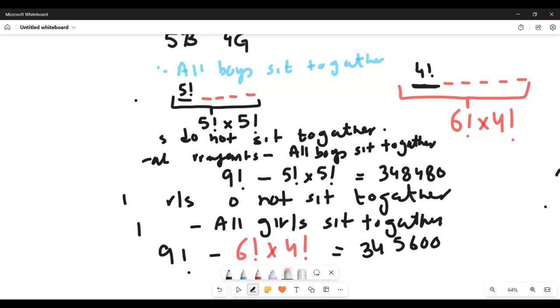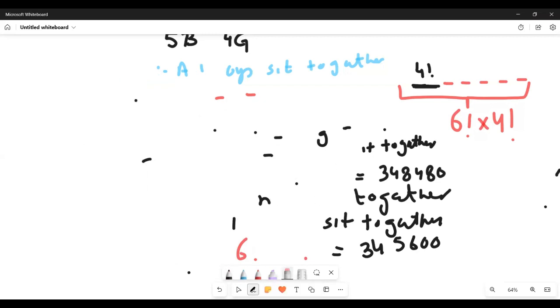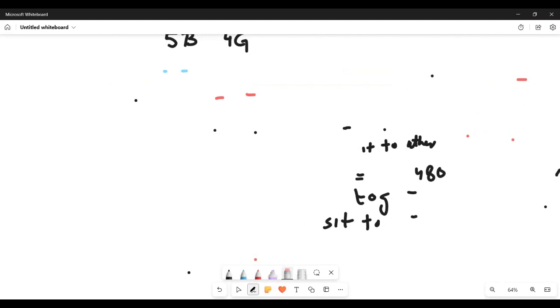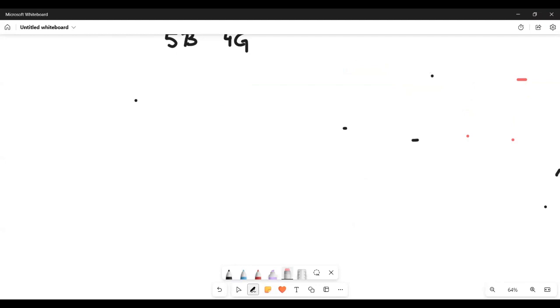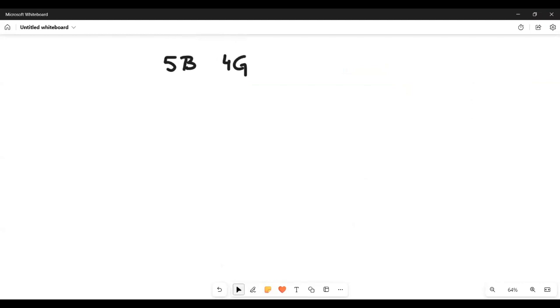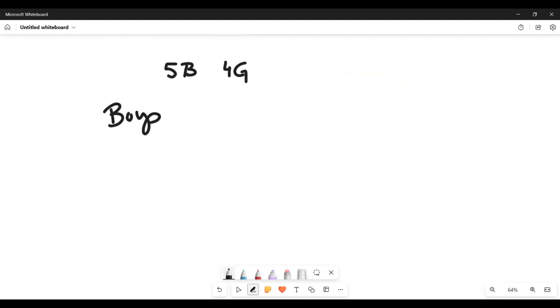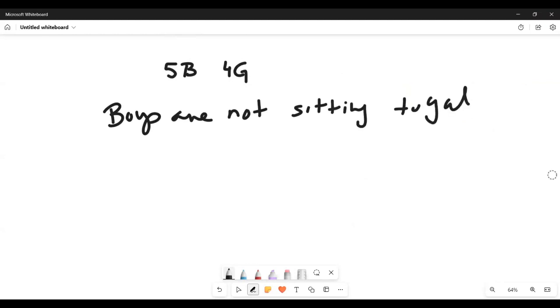Then you might be asked to find the number of arrangements when boys are not together. That's the case. Boys are not sitting together. That means no 2 boys can sit together. There is a gap between the boys.